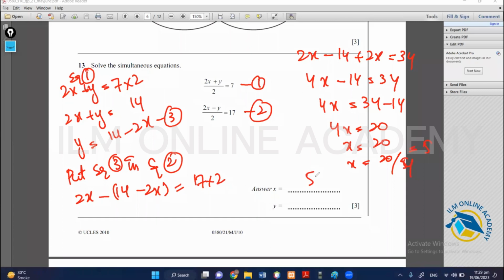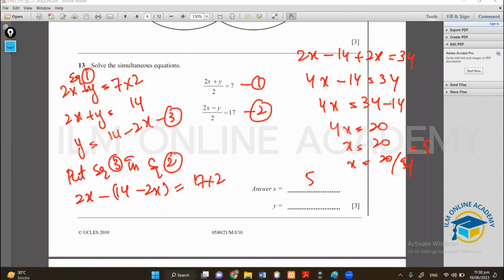Okay, let's recheck it. 2 sevens are 14, and 2x plus y, and y equals 14 minus 2x. Yes, minus minus plus 2x, 4x minus 14 equals 34.